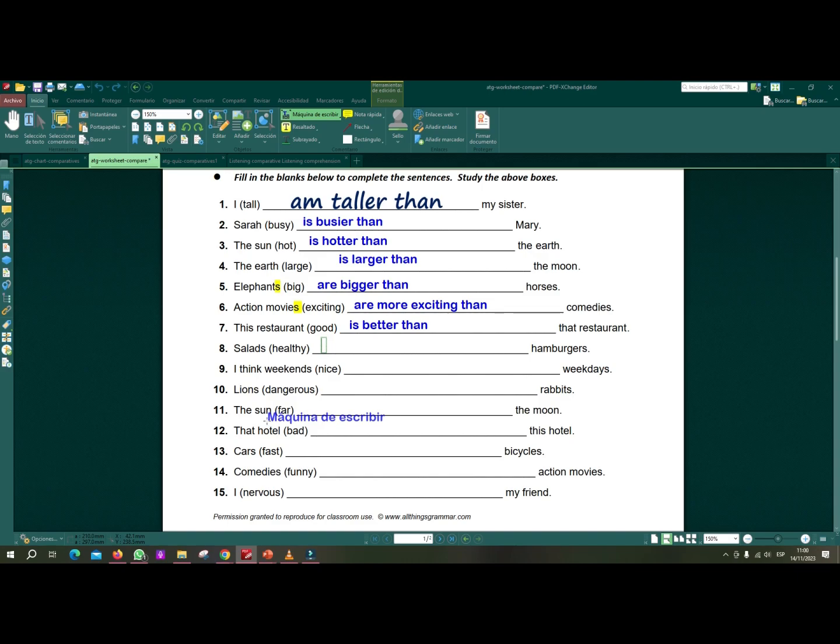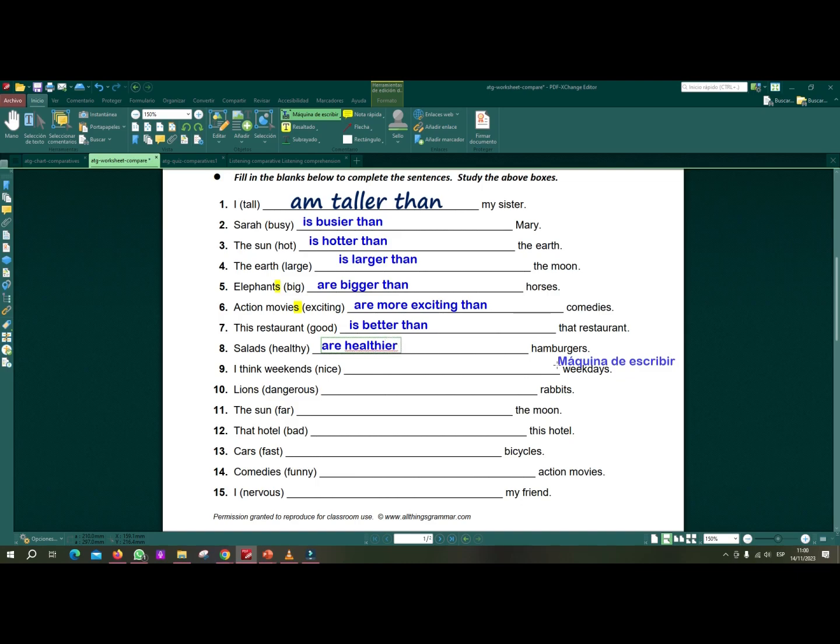What about 8, Miss Anna? Salads, that is plural. Healthy. Hamburgers. What happened there? Sería salad. Is you are. Yeah, that's plural. So are healthier, yes.